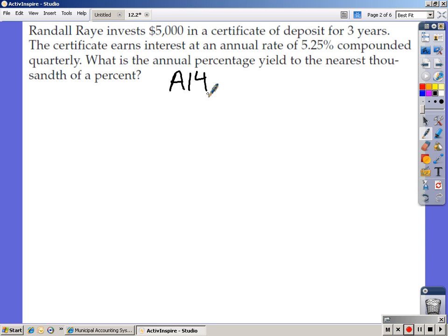All right, so it says Randall Ray invests $5,000 in a CD for 3 years, earns an interest rate of 5.25% compounded quarterly. Okay? So now, look in the back on page A14 to find the number that corresponds to 5.25% quarterly.